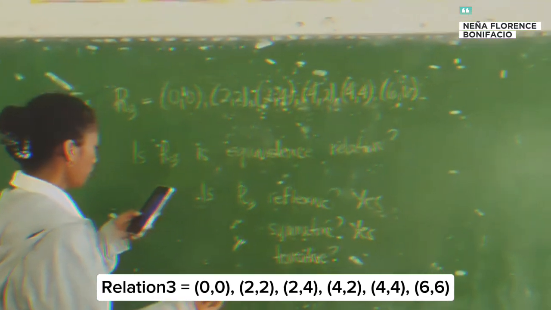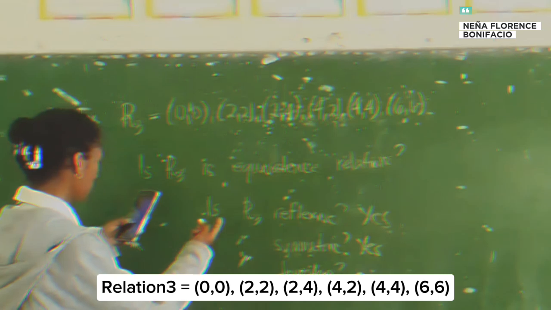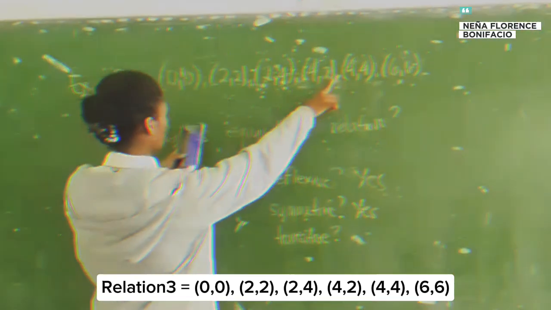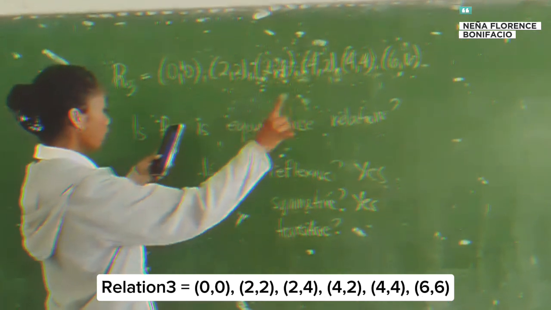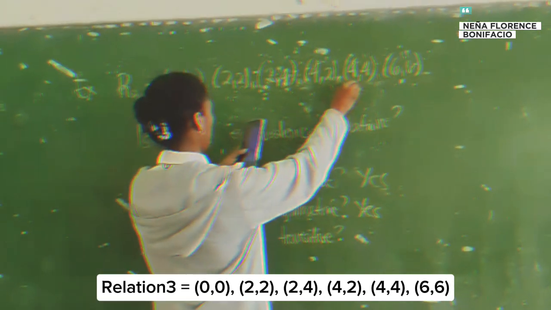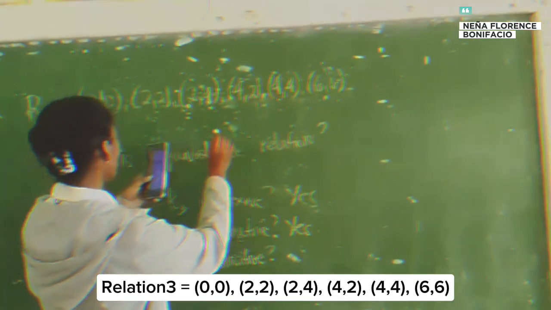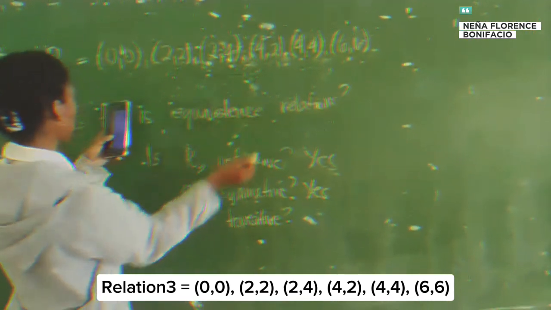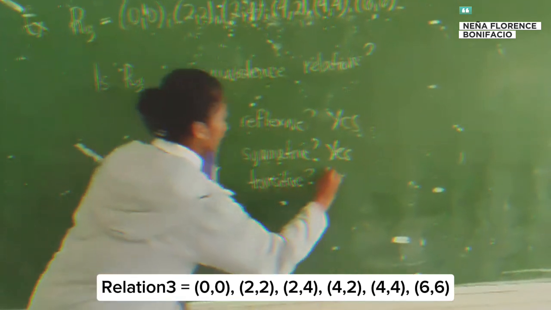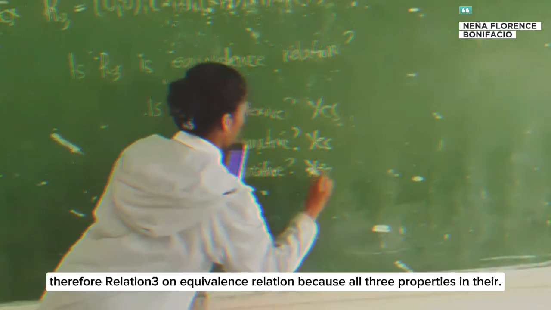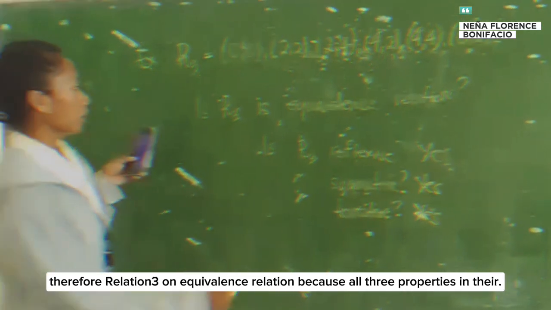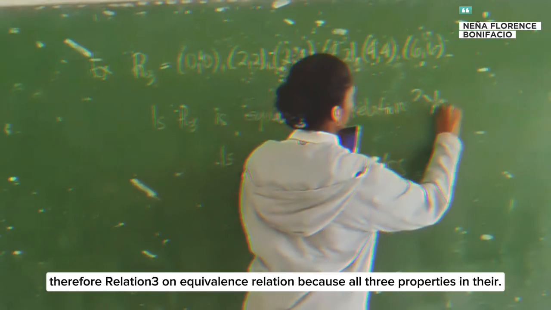We can see that there is a (2,4) and (4,2). We obviously have (2,2) and (4,4), and (4,4), (4,2), so (4,2). Obviously this relation is transitive. Therefore, relation 3 is an equivalence relation.